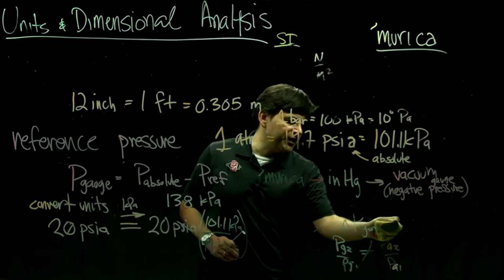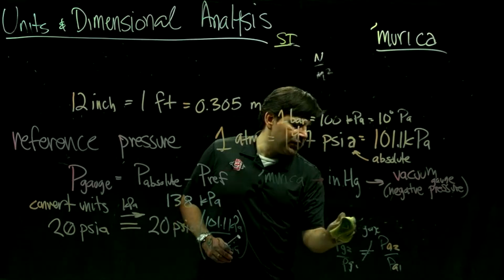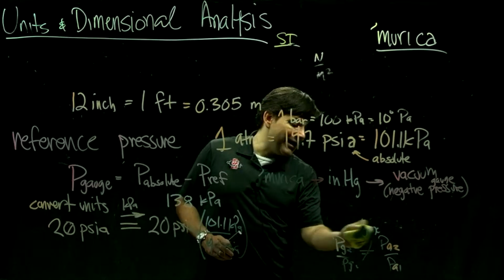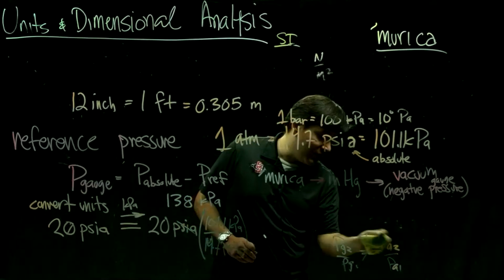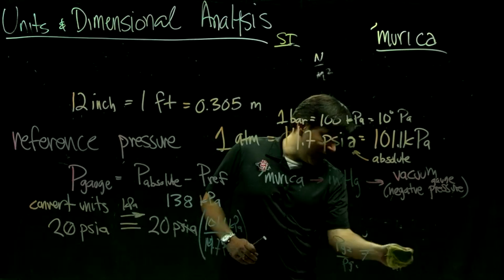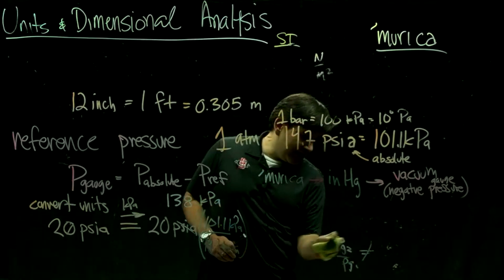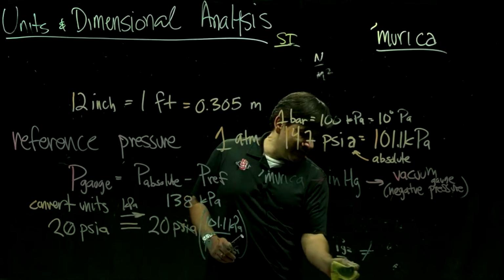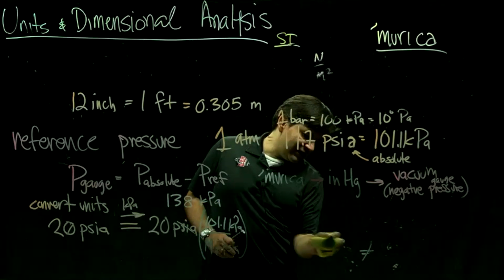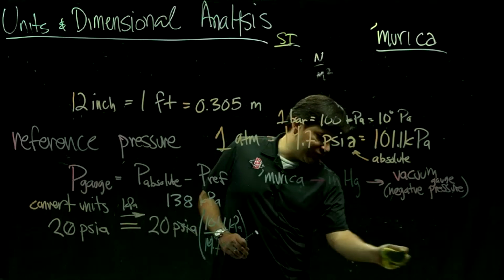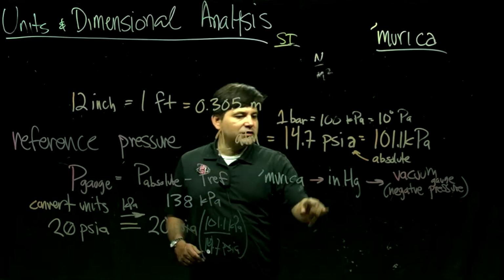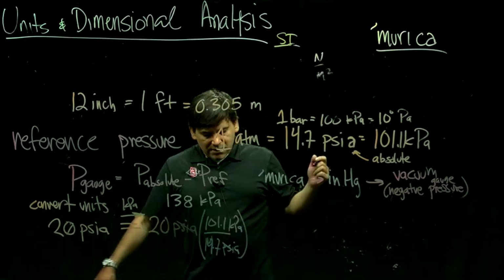So if you hear pressure in inches of mercury, it's probably talking about a vacuum system, and it probably would be a positive number, like 10 inches of mercury, and what that really means is that 0 is ambient and you're 10 below ambient. So it's negative 10 gauge pressure, really. But oftentimes you hear this without the negative sign.